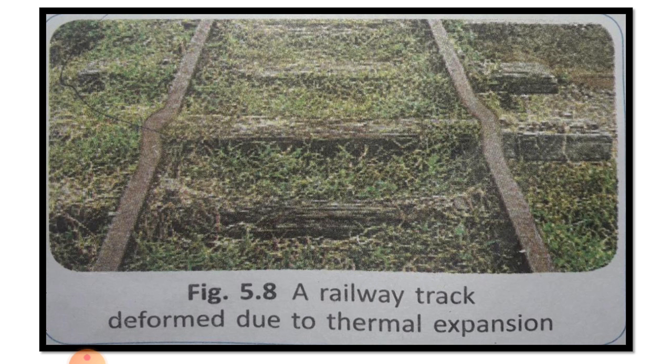Electric transmission cables or telephone lines sag between two poles during the summer season on account of thermal expansion, and during winter the cable becomes tight between the poles due to thermal contraction. So this is called thermal expansion or thermal contraction.